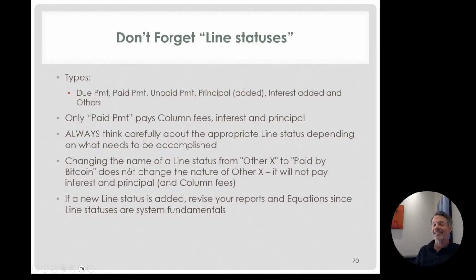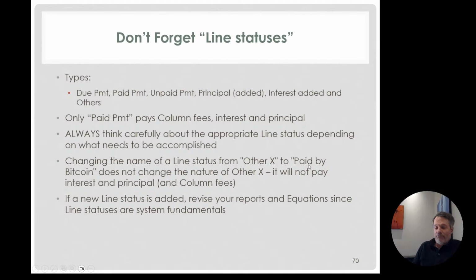Do not forget line statuses. They're important. I think you all know what line statuses are. There are various types: due payments, paid payments, unpaid payments, principal added, interest added, and others. Let's say you call it paid something else, paid by Bitcoin, under the type "other". Other X will not pay interest, principal and fees.